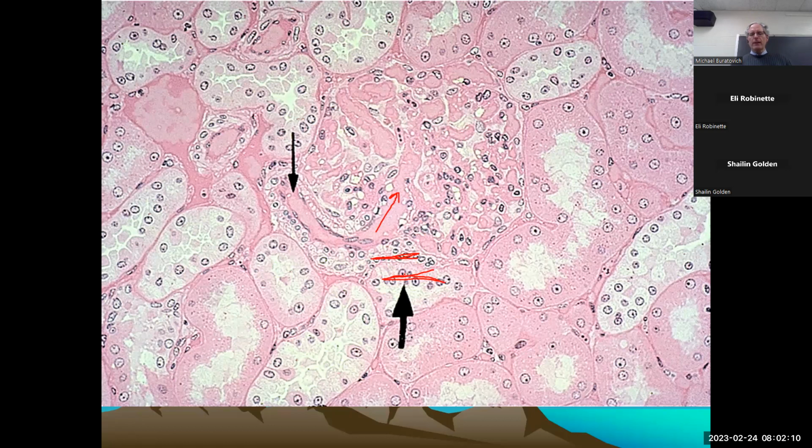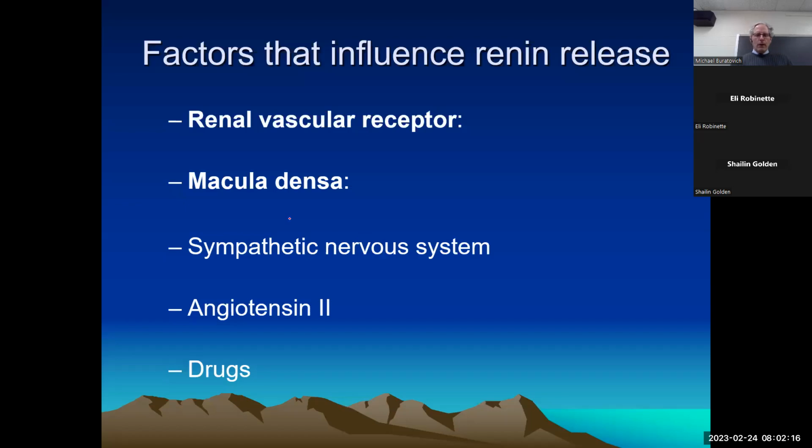So these macula densa cells will release renin into the bloodstream. Renin release is also activated by the sympathetic nervous system. It is inhibited by angiotensin II, which is the product of renin release. And there are some drugs that stimulate renin release as well.